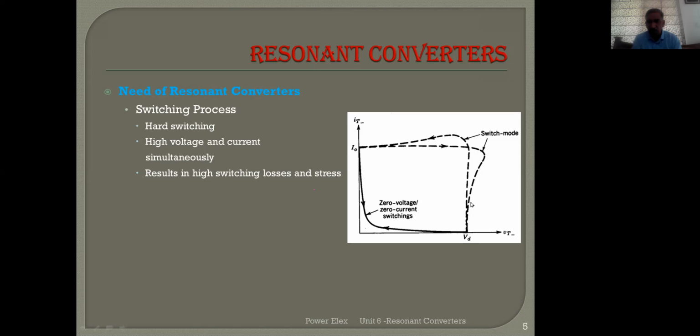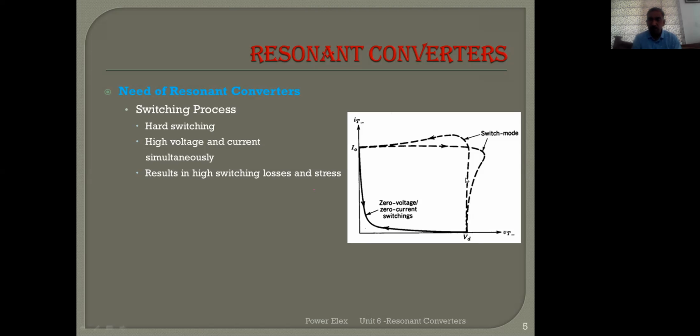It drops to minimum. At the same time, voltage was at minimum level at the switching time because the device was on, and voltage now needs to rise in order to have a reverse blocking state.